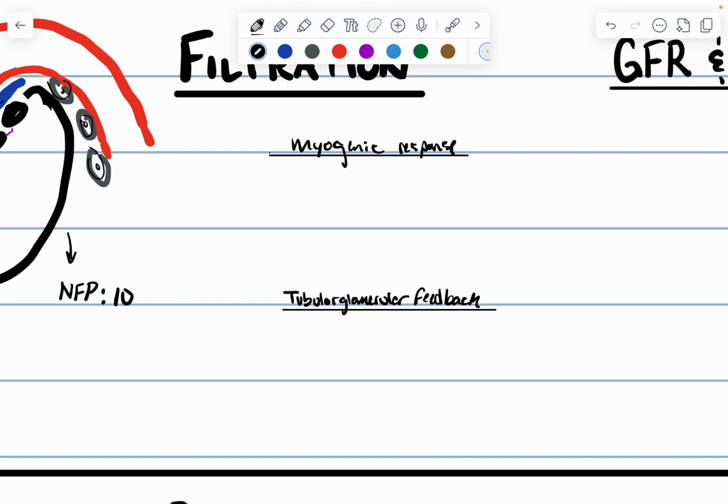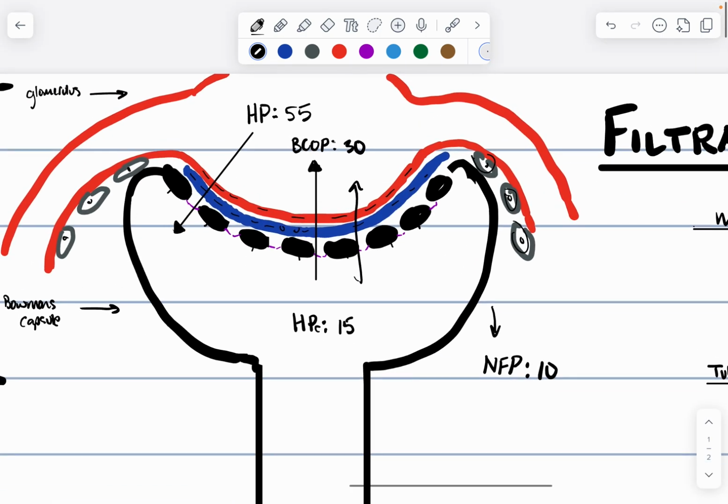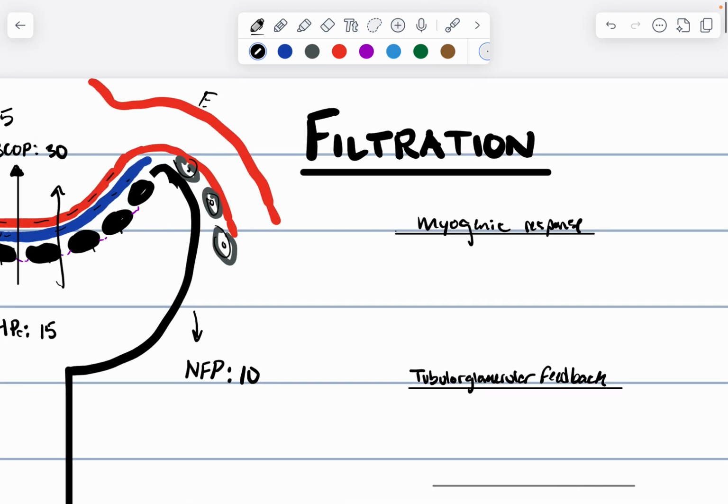But smooth muscle on arterial cells contains stretch-activated calcium channels. So on our afferent arteriole, this is our afferent, contains stretch-activated calcium channels. And when those are activated, so let's say when blood pressure is up, that's going to stretch the afferent arteriole, which is going to activate these calcium channels, causing it to contract.